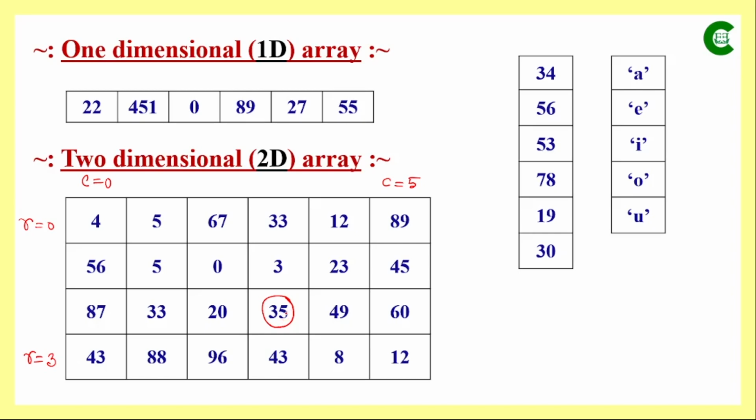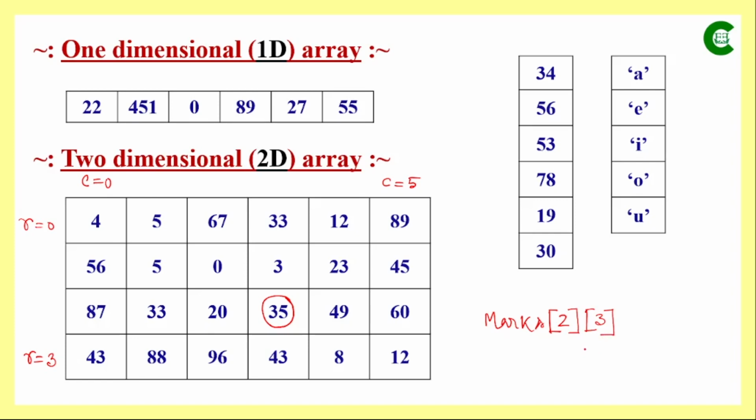Then this marks 35 will be represented by, if the variable name is marks, then marks and then the index or subscript value. Row wise it is the third row, so the subscript value will be 2, one less, and column wise this is the fourth column, so the column value will be written as 3.